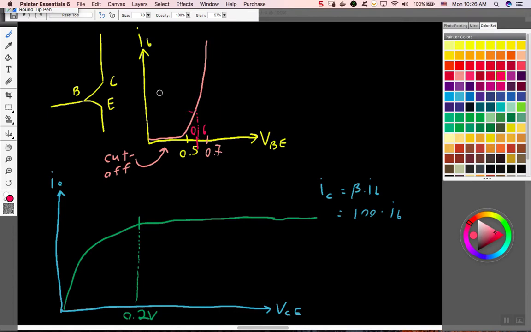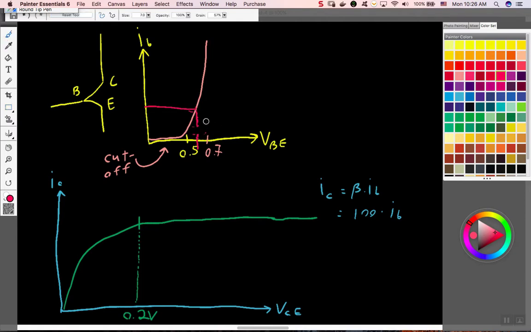I'm just going to draw a line. So when VBE is 0.6, it's going to be messy, so let's just try to draw it correctly the first time instead of fixing it later. I guess that's as good as I can do.